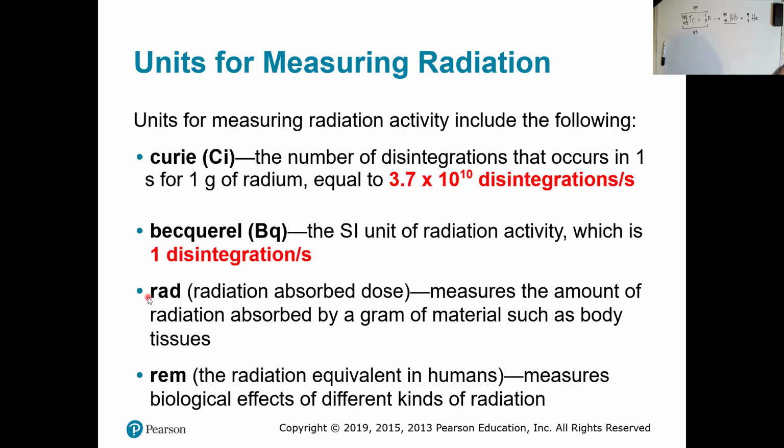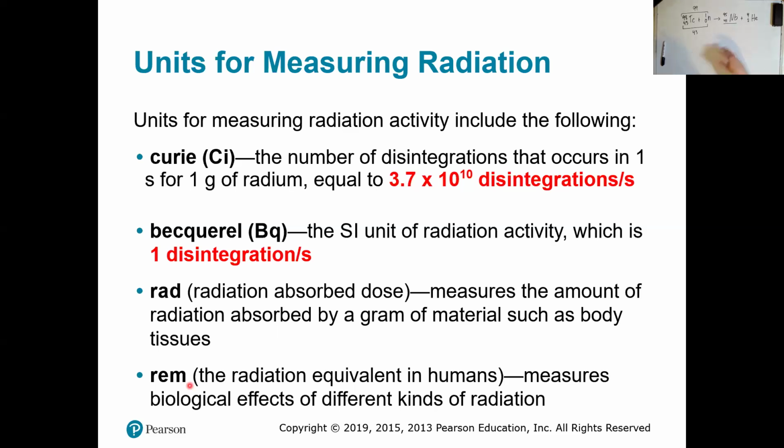We're also able to measure the rad values and REM values of radiation. Your rad values are going to be the radiation absorbed dose. That's how much radiation is actually absorbed in body tissues. The REM value focuses more on the biological effect of radiation.